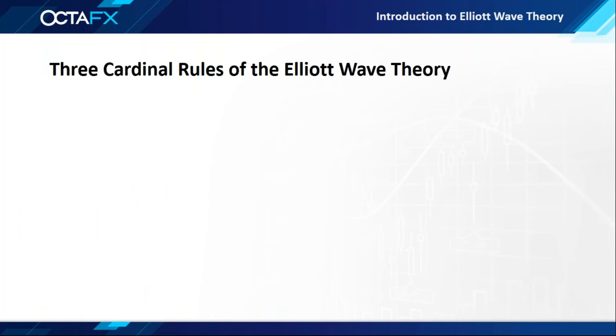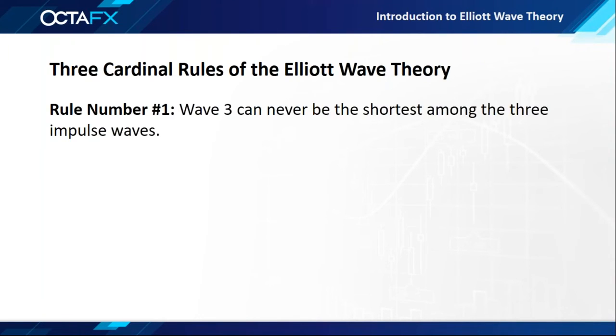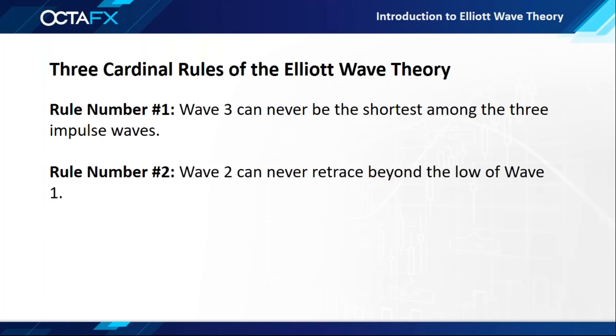So Elliott laid out some unbreakable rules for when you're trying to identify a pattern. Rule number 1, wave 3 can never be the shortest among the 3 impulse waves. Rule number 2, wave 2 can never retrace beyond the low of wave 1.